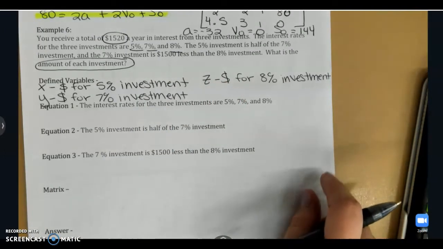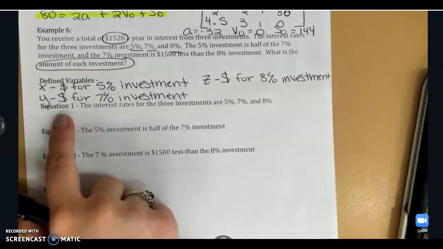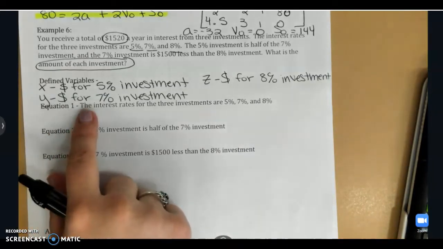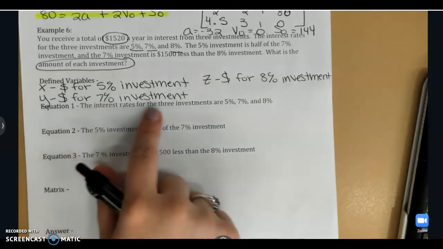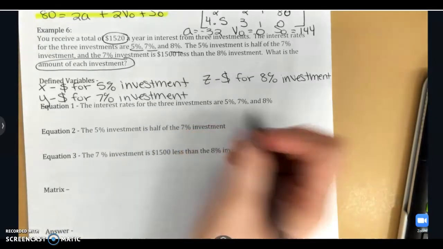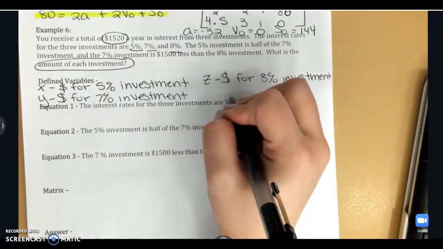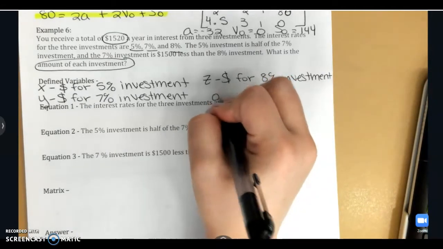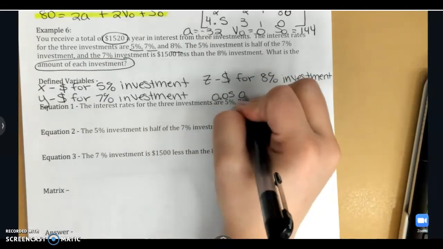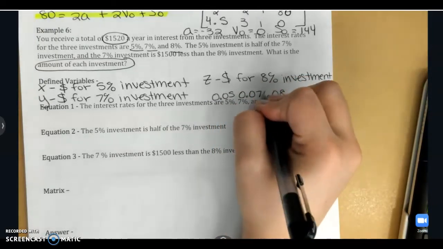So now we need to use the information we were given to write our 3 equations. So the first equation is helping us out here by narrowing it down. This is going to come from the interest rates are 5%, 7%, and 8%. So 5%, we need to rewrite these as decimals. So remember, you move the decimal place over to the left 2. So 0.05, 0.07, and 0.08.